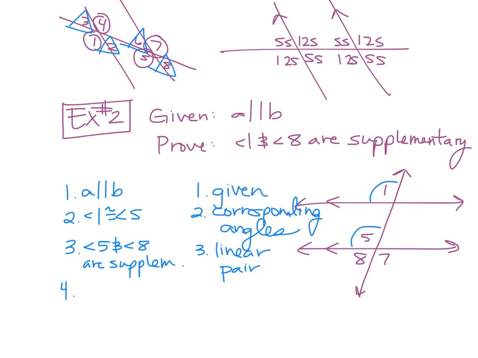They equal 180. So we can say the measure of angle 5 plus the measure of angle 8 equals 180. Can you tell me why we can say that? Definition of supplementary, right? In the step before it, they told us they're supplementary. That means they equal 180. So you would say definition of supplementary angles.